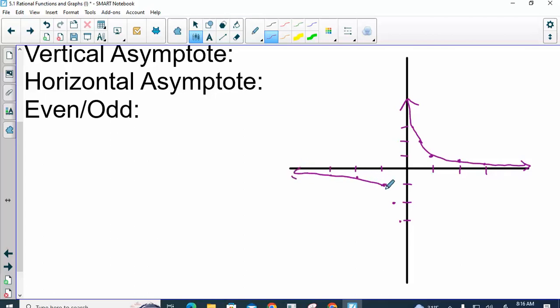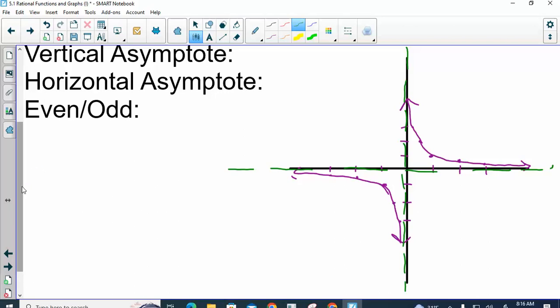We're not actually hitting the axis, we're getting closer to it. These are curves. What we do to show our asymptotes is we draw dashed lines. So the x and y axis here are dashed. We're going to be getting closer to them, but we don't ever actually cross them.